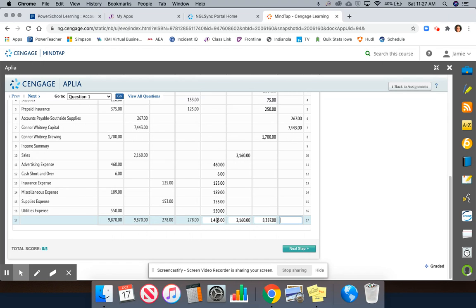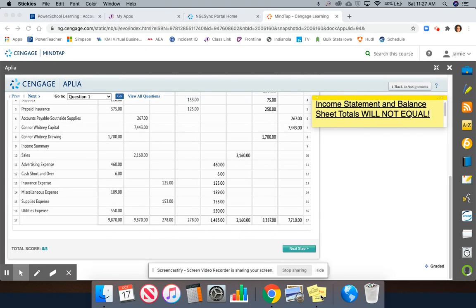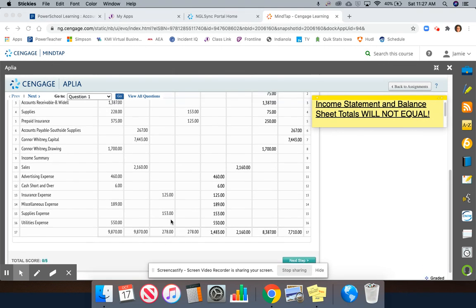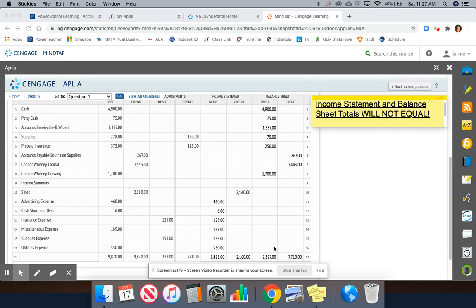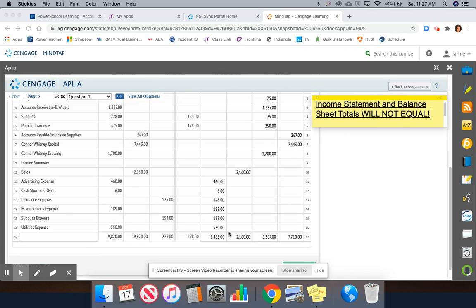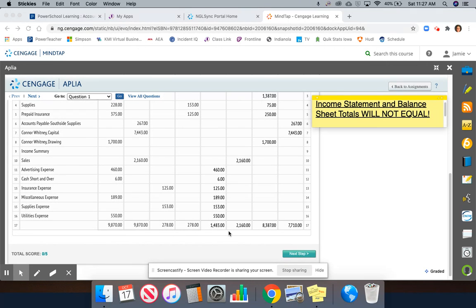Finally, our credit amount for the balance sheet, $7,710. It is really important to note that the income statement and balance sheet totals will not equal. Don't be alarmed that our debits did not equal credits. The income statement debit totals did not equal the income statement credit totals. They will not equal until we plug in either our net income or our net loss, which is what we're going to do on the next step.